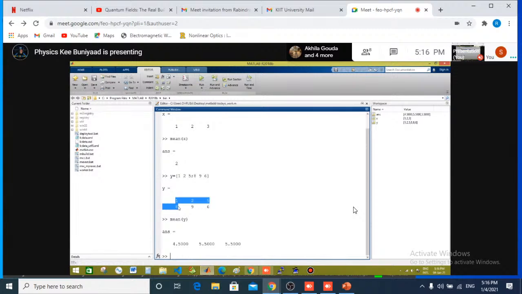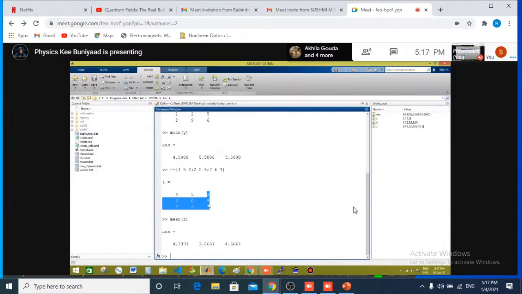So 13 by 3 gives you 4.33. Similarly in the second column it is 5, 0, 6. If you add 5, 0, 6 you will get 11. So 11 by 3 is 3.667. Similarly here in the last column there are 3 elements: 2, 9, 3. So when I take the mean of these 3 elements, it will give you 4.6. So mean will return you the mean of every individual column.